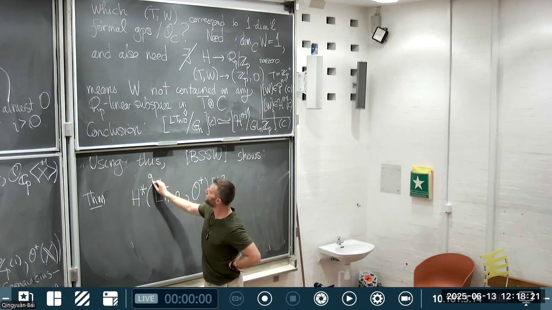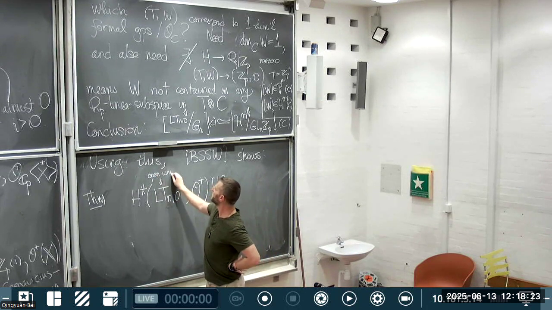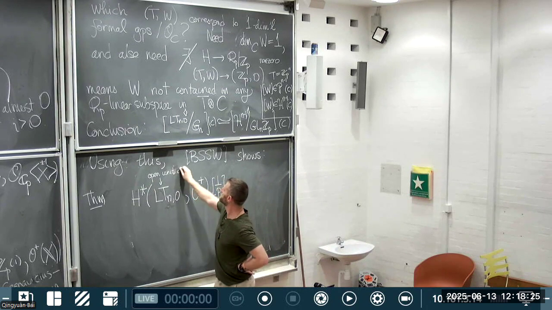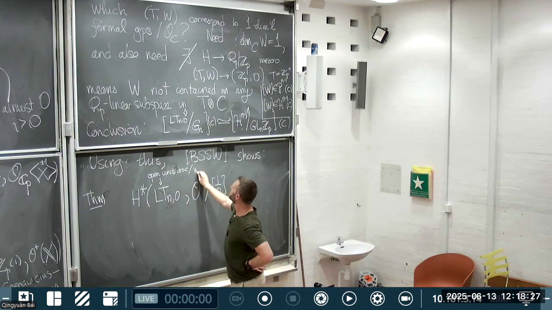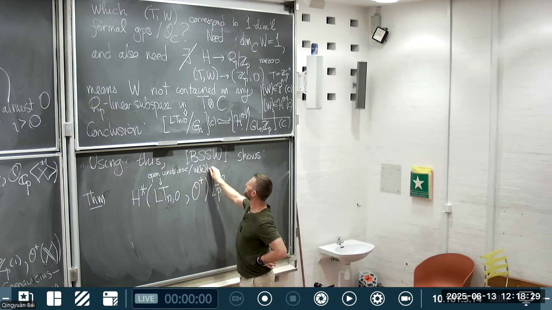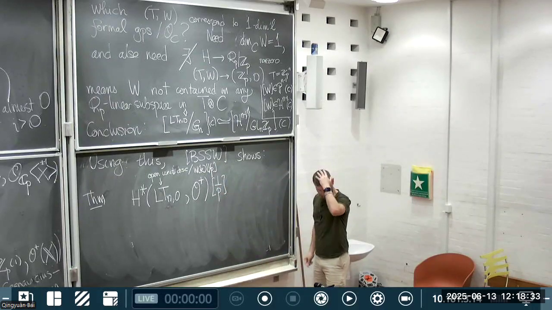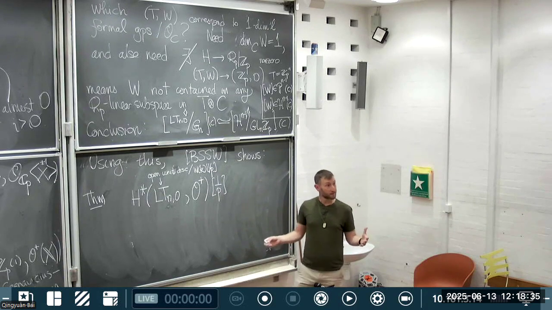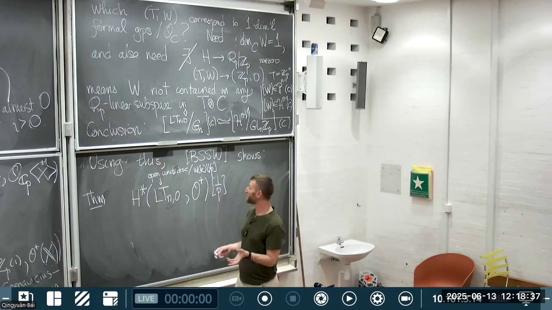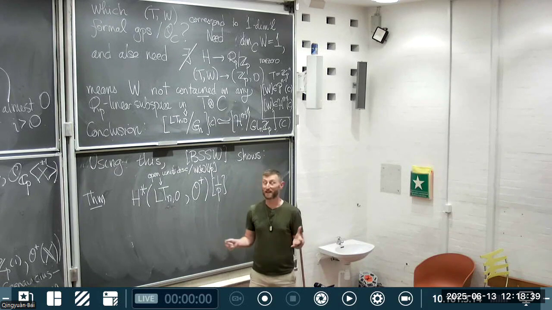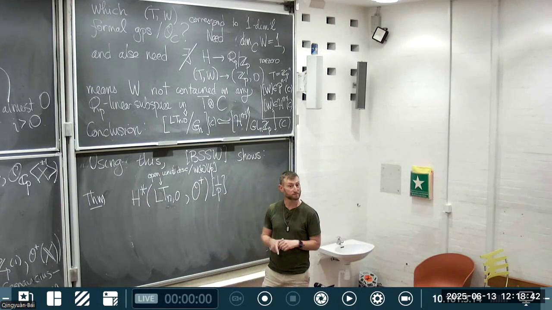LT_N^0 is an open unit disk over the field W[1/p]. So geometrically, that's all it is. It's the p-adic analog of the complex open unit disk, and that's certainly not quasi-compact.